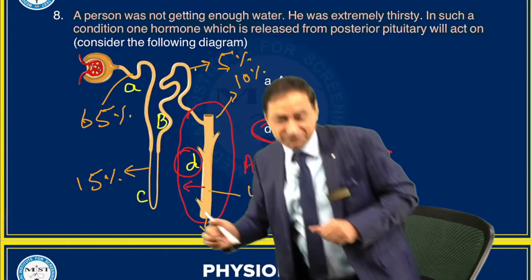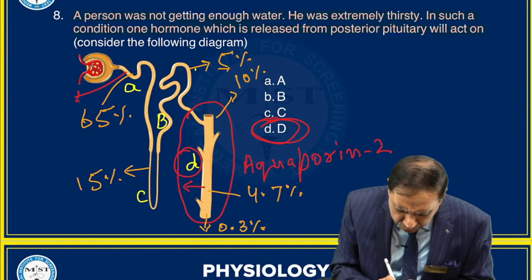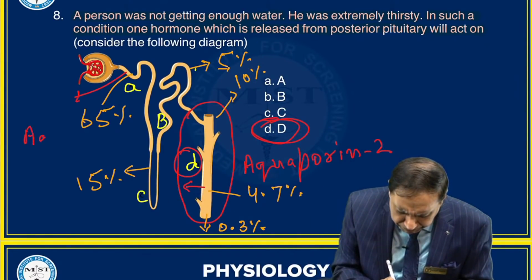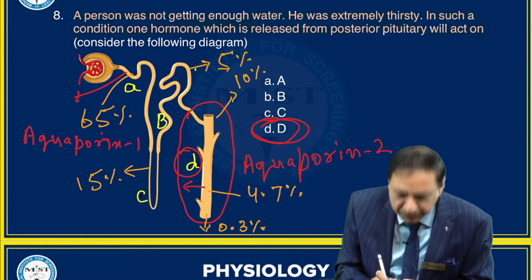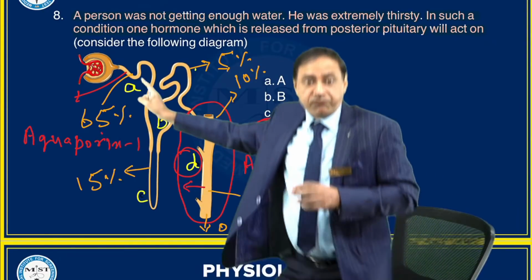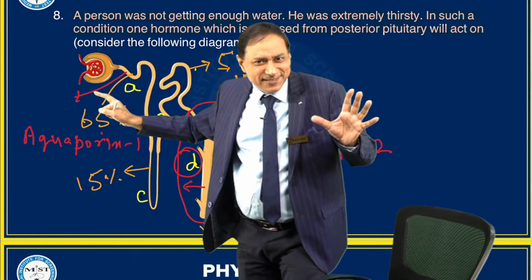In that portion we have aquaporin 1, the water channel, which is not under control of ADH.